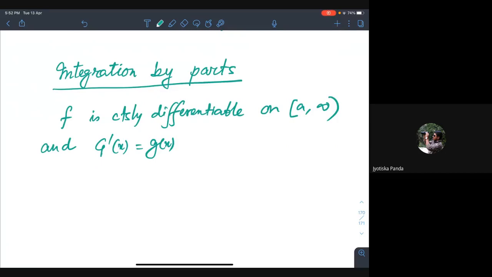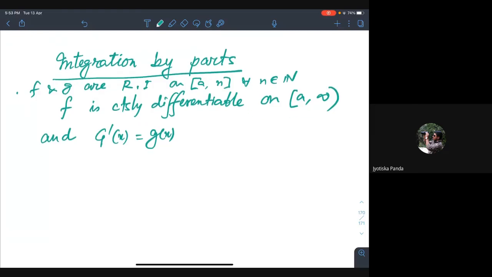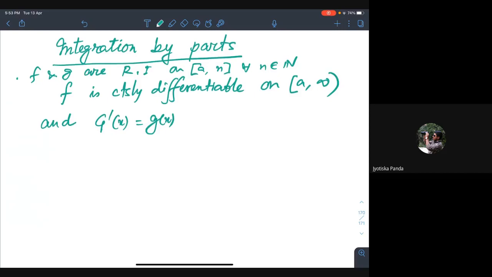Of course f and g are Riemann integrable on a to n for all n in N. We need this one, and of course this improper part we look at later. I'm just giving a proof, not writing the statement and then the proof.